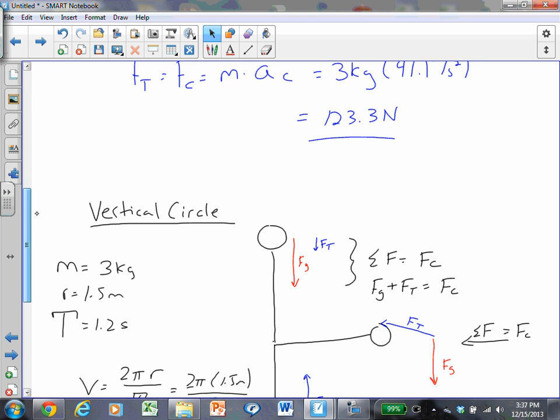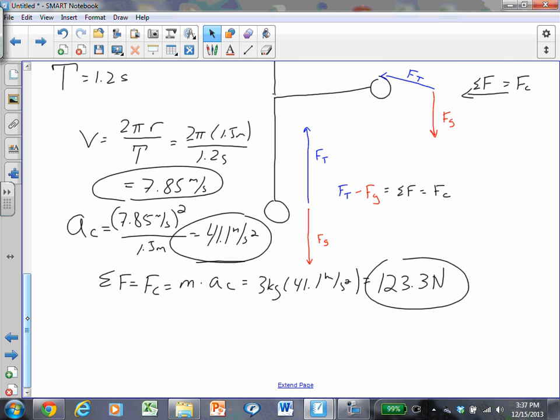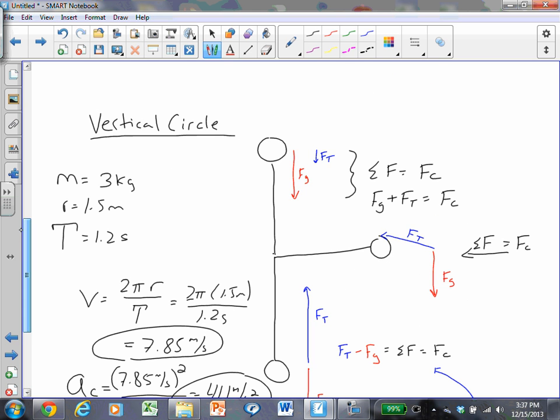So, if we take the bottom of the circle here, in this case we have Ft minus Fg, where Fg would be 30 newtons, right? 3 times 10, was it 3 kilograms? Yeah.